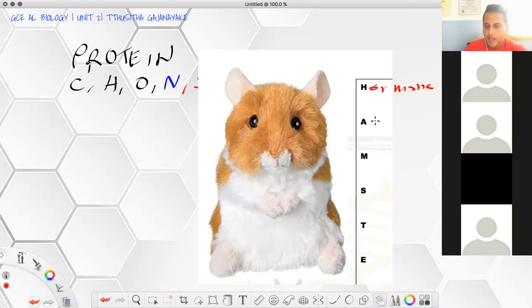Then activity of the cells. That means cell recognition, recognizing one cell with another cell.